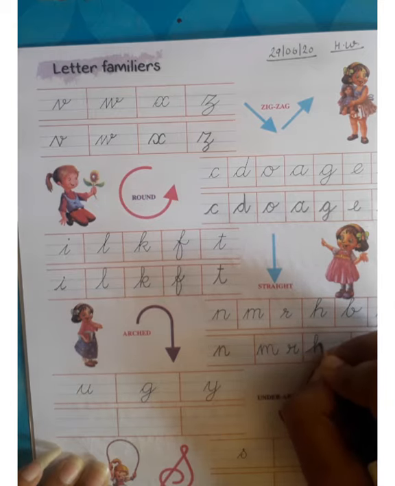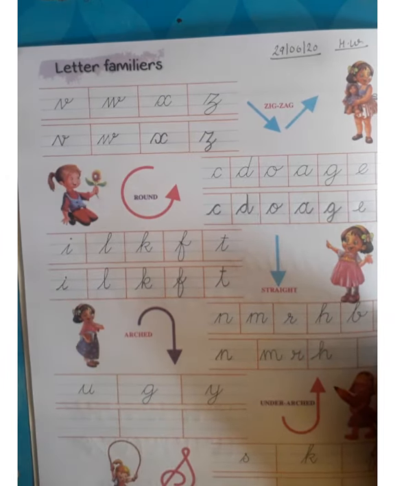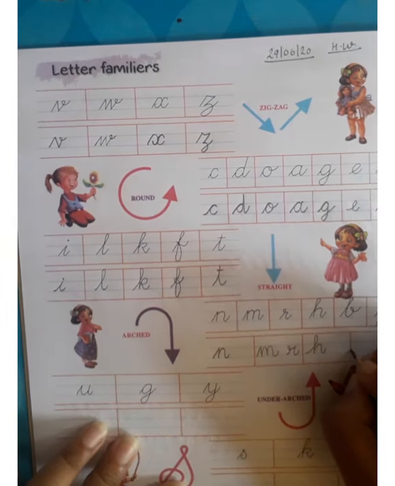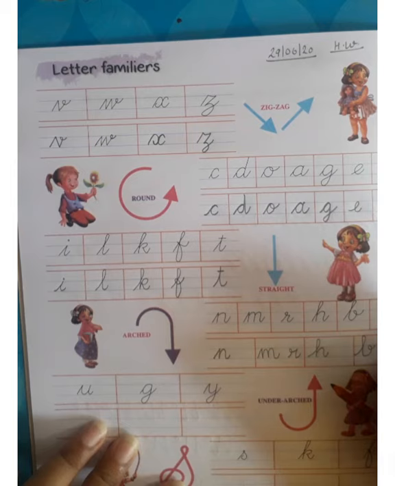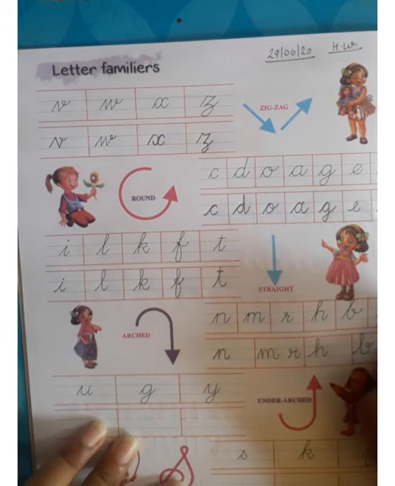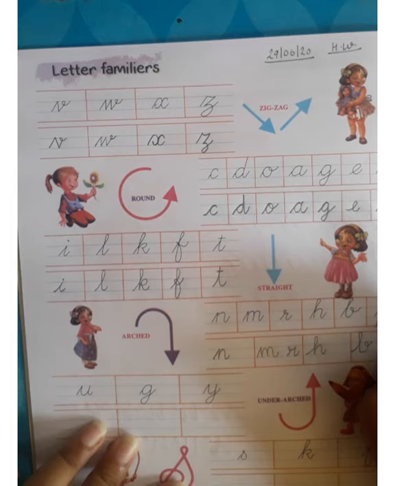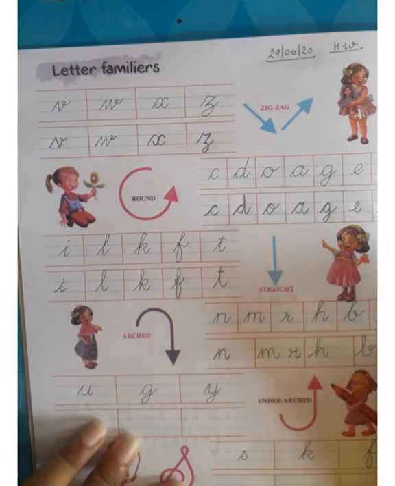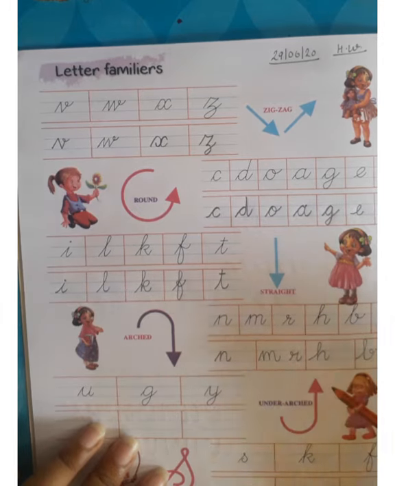We will make H in three lines, and we will make B in three lines, and we will make P in three lines. I hope you all understood.